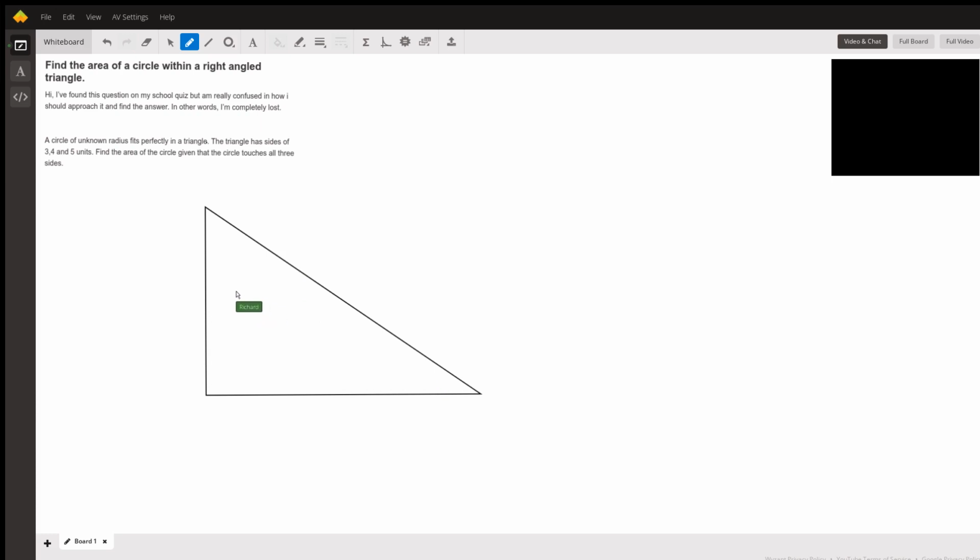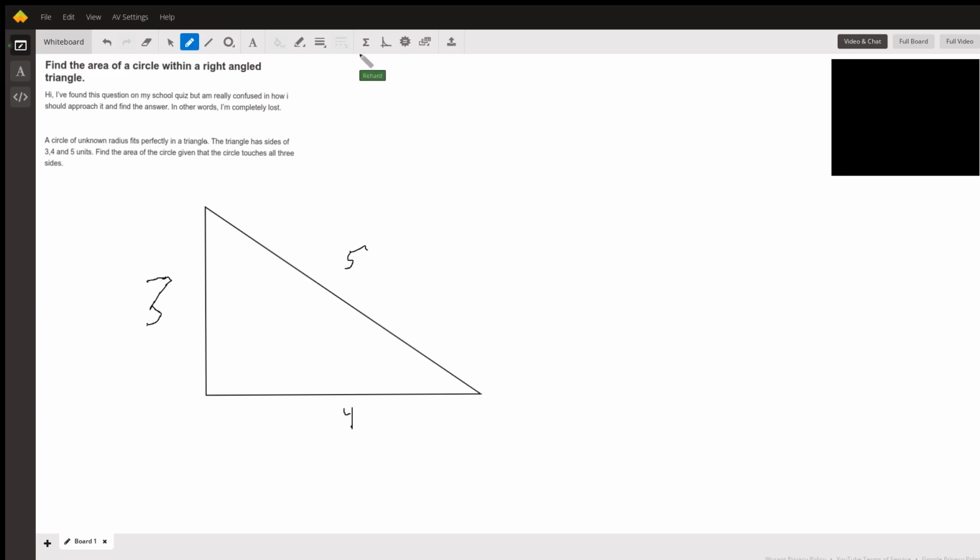Now we have a 3, 4, 5 right triangle, and let me get those amounts in there. That's a terrible 3, 4, 5 right triangle.